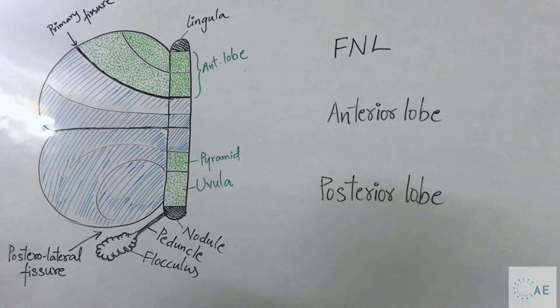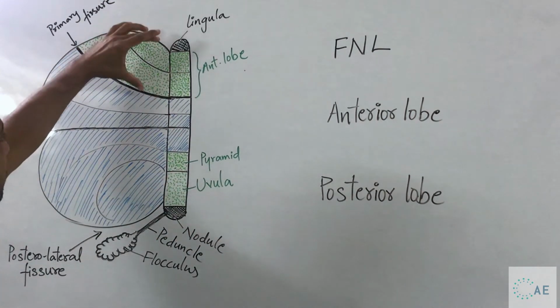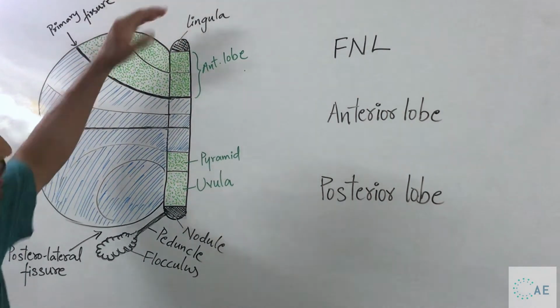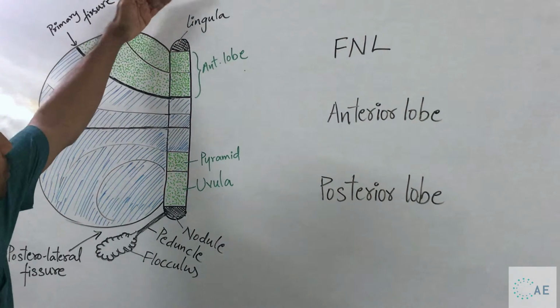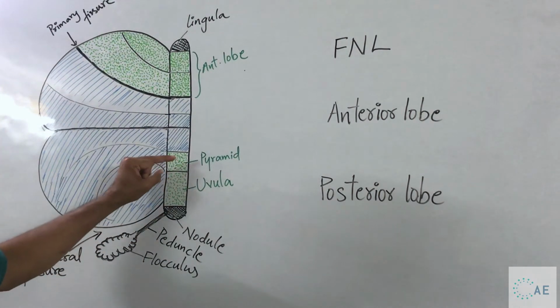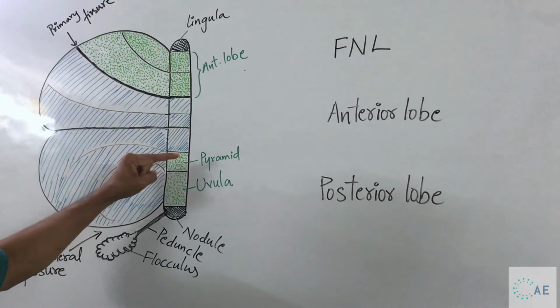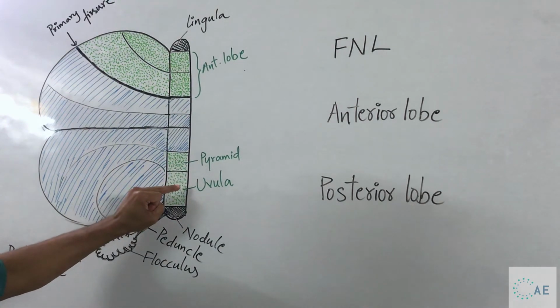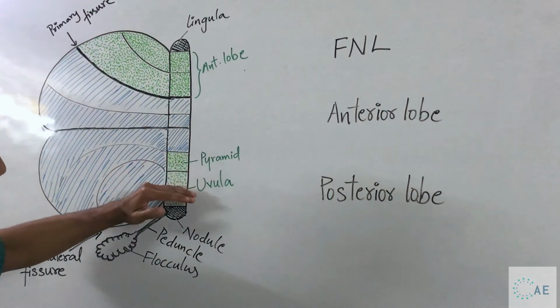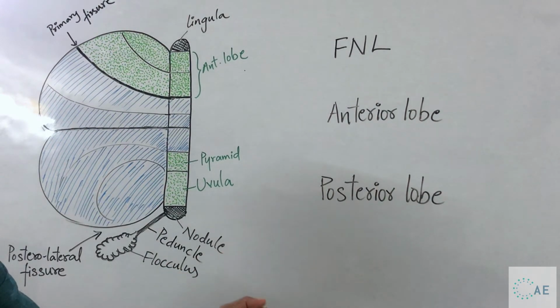Similar to that, take the anterior lobe without the lingula, and to that anterior lobe add two segments of the inferior vermis, that is the pyramid and uvula. So the anterior lobe without lingula, along with the pyramid and uvula, comes under one more group of classification.